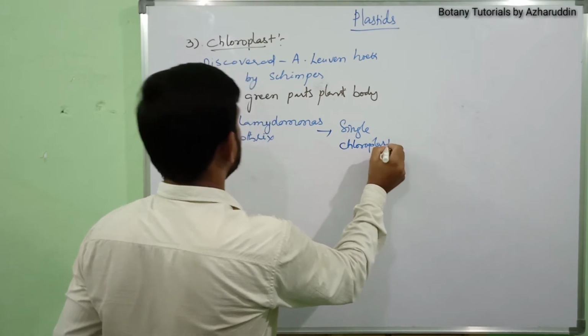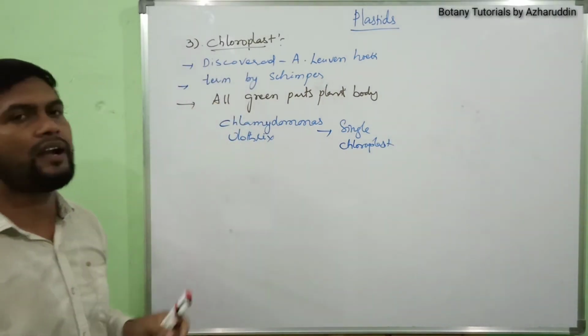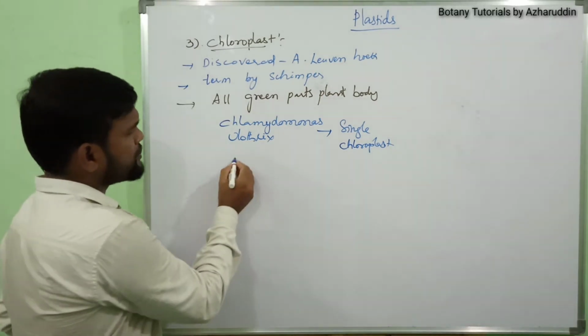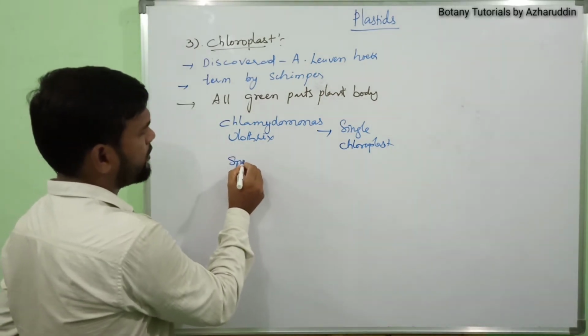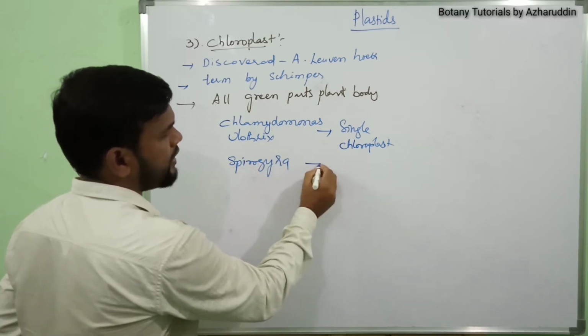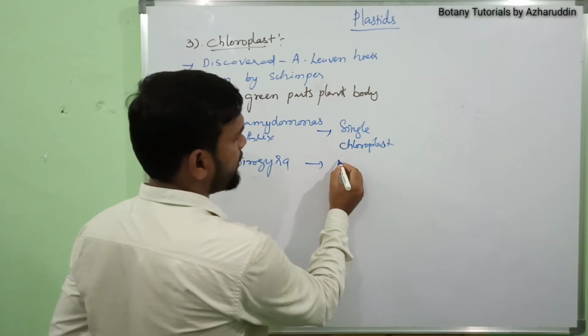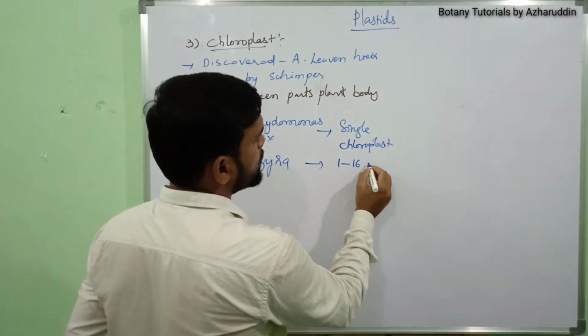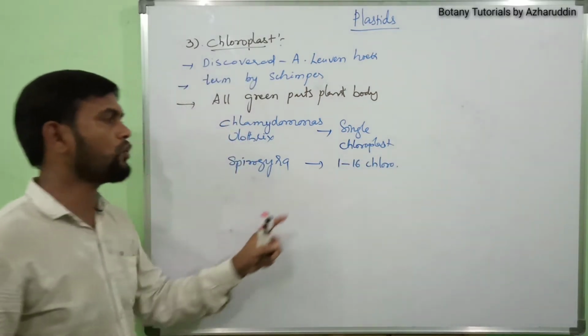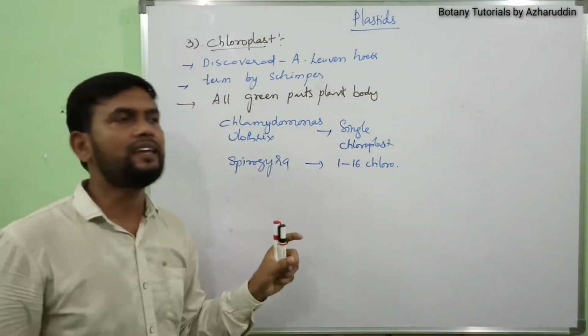And in Spirogyra, a filamentous alga, 1 to 16 chloroplasts are present in each cell.